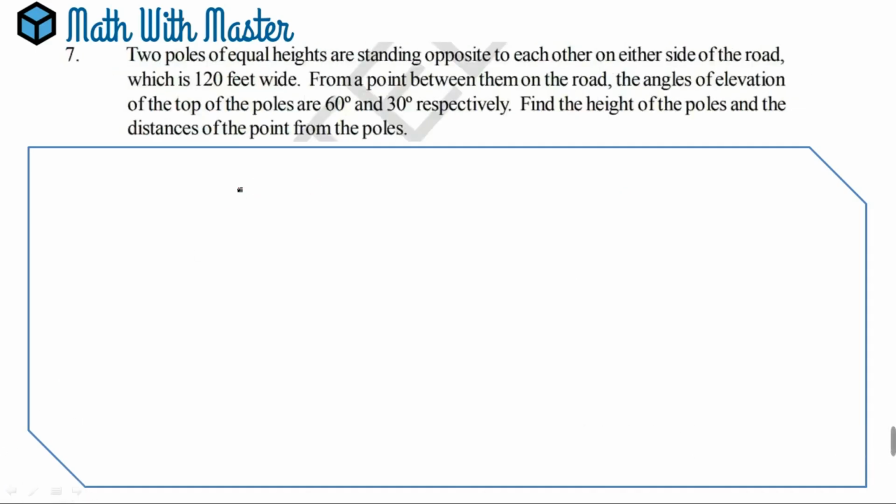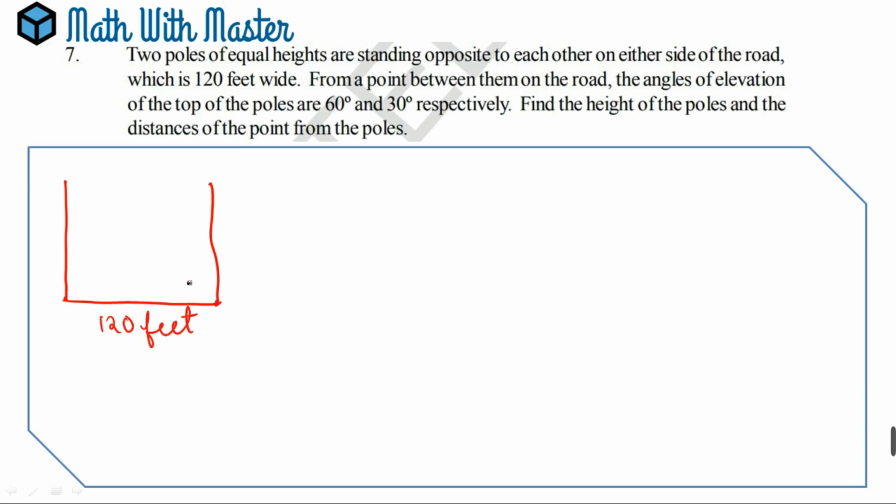So what we have to do is, they have mentioned that they have two equal length poles on a road, and the width of the road is not W, it is 120 feet.